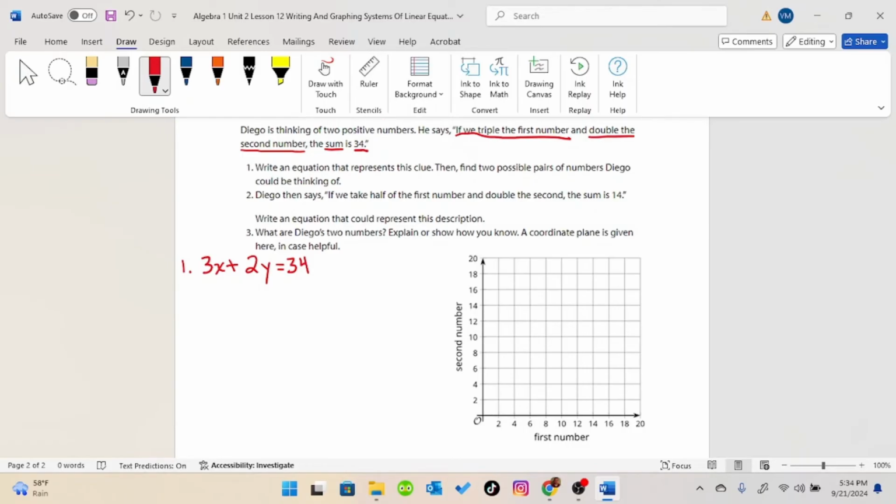So first, let's try if we let x be 0, then this becomes 2y = 34. You divide both sides by 2, and y equals 17. So when x is 0, y is 17.